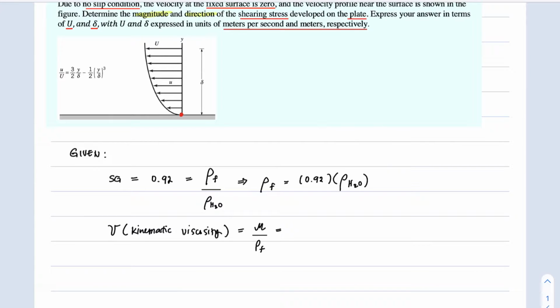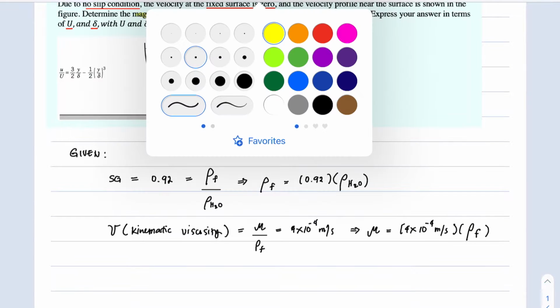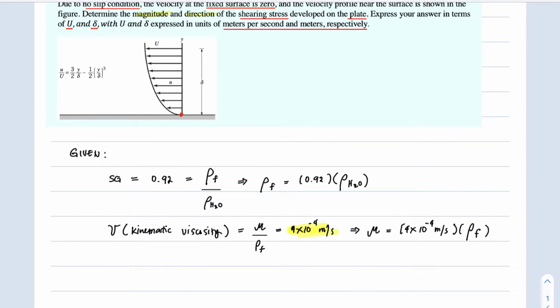Since that is given in the problem as 4 times 10 to the power of negative 4 meters per second, this implies that we can take out an expression for your absolute viscosity mu equal to 4 times 10 to the negative 4 meters per second multiplied by the density of your fluid. I'm just going to highlight these things here because this will prove important later. That's your kinematic viscosity, and this one here is your specific gravity.